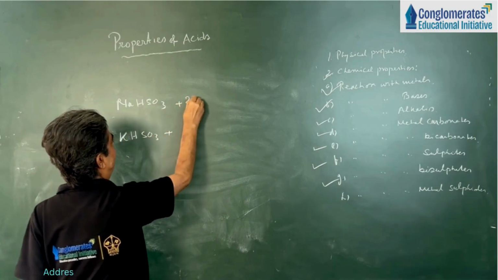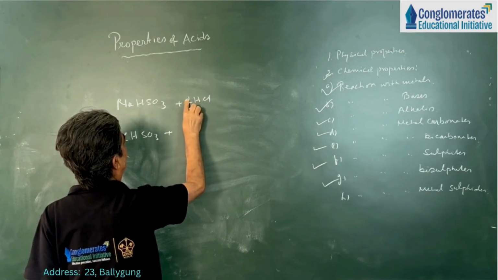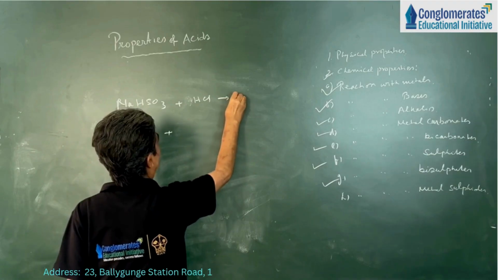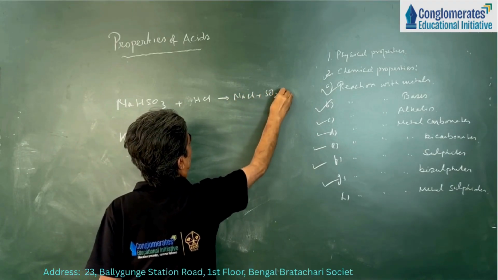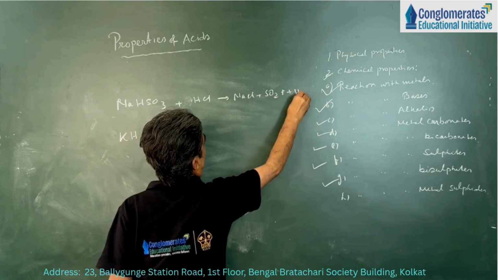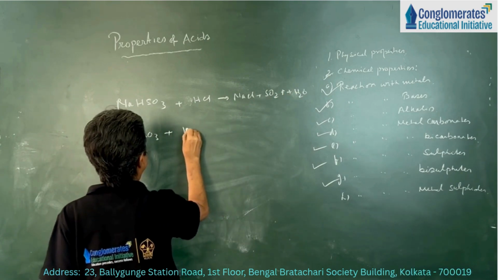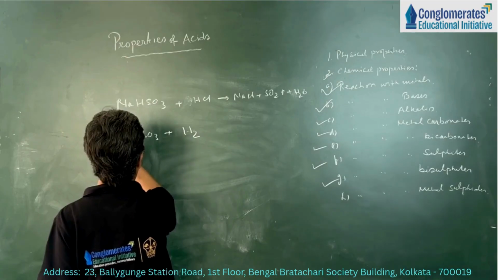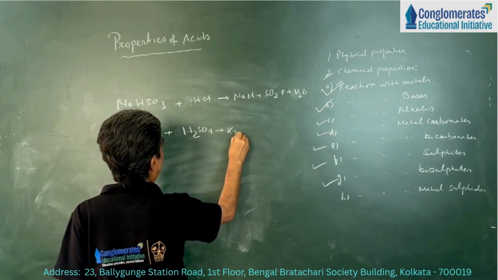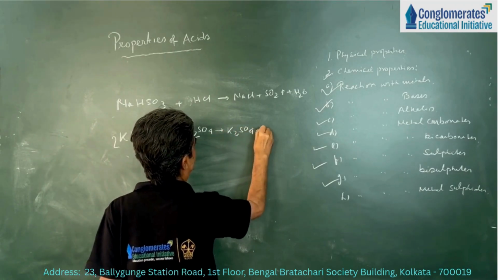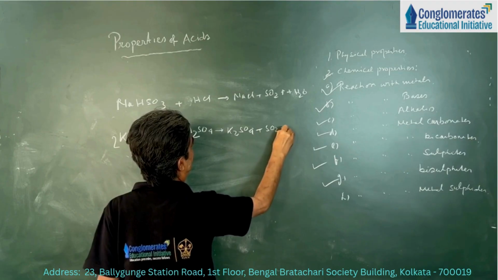Now here I am taking HCl, we get NaCl plus SO2 plus water. Here we take HNO3 or H2SO4, whatever you like, but they should be dilute. Remember, concentrated cannot be used. Potassium sulfate plus sulfur dioxide plus water.